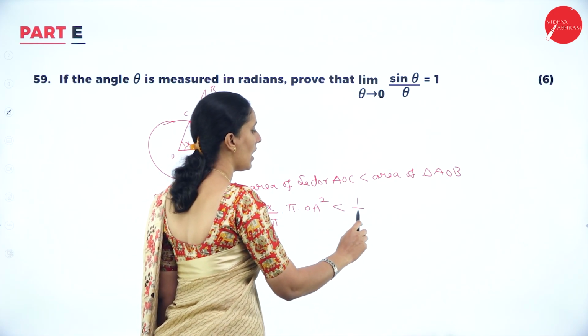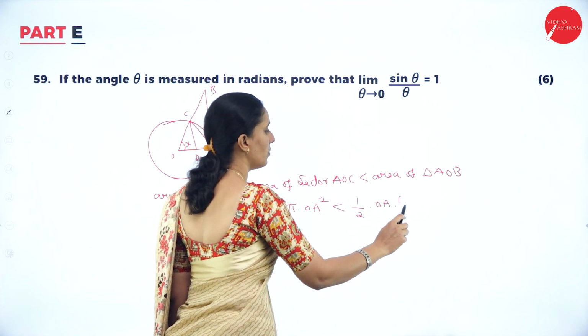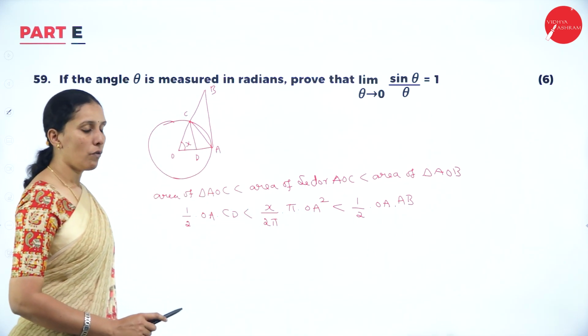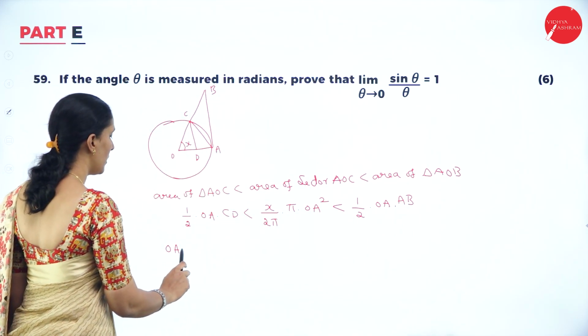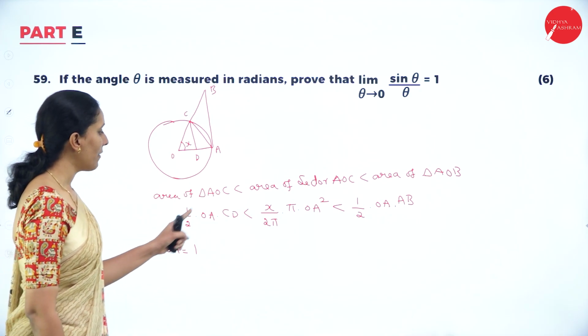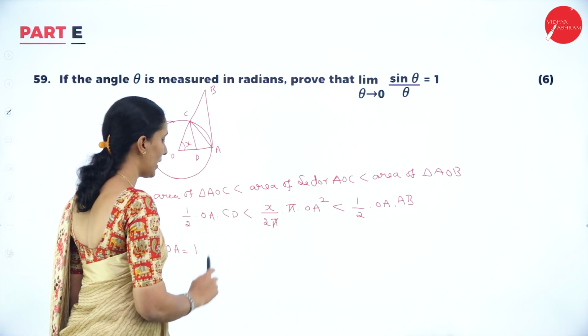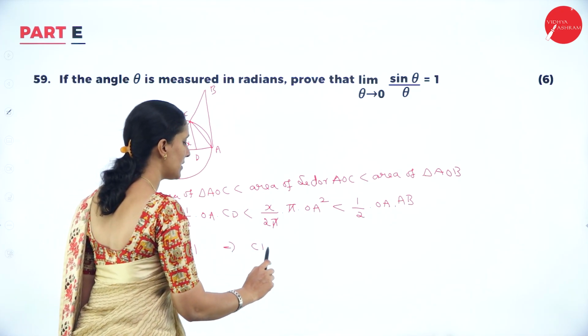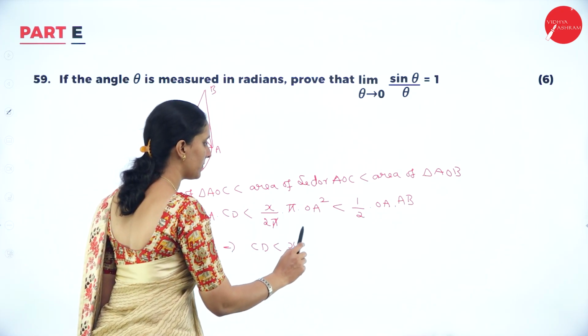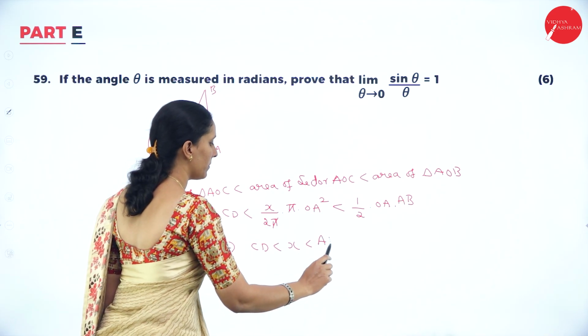And this is also half into base into height. Since the value of OA is equal to 1 and half is constant in all the inequalities here, pi and pi get cancelled. We are obtained with CD less than x less than AB.